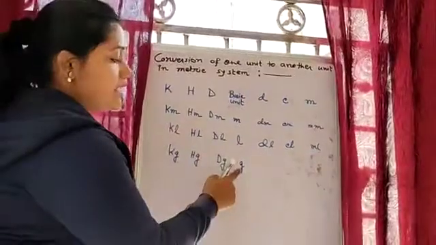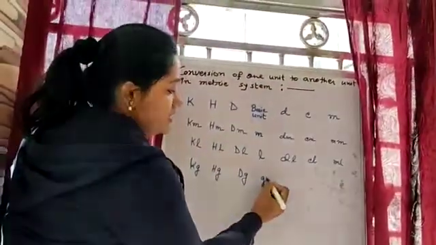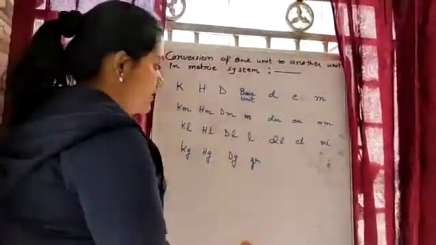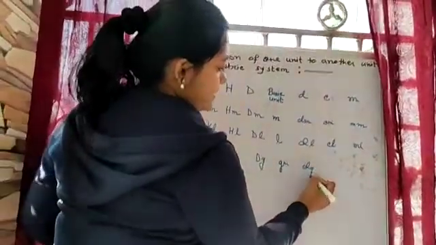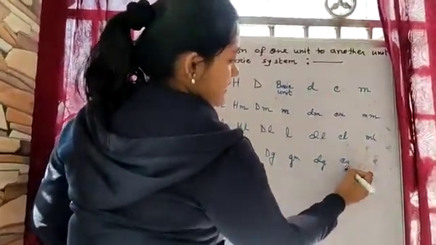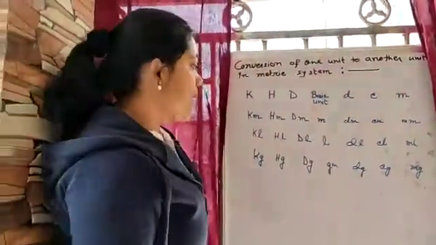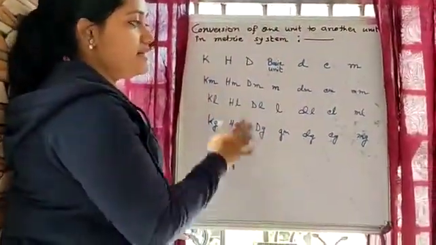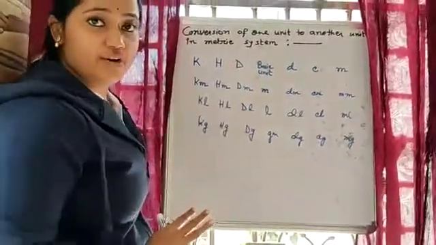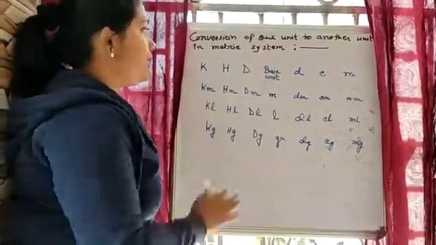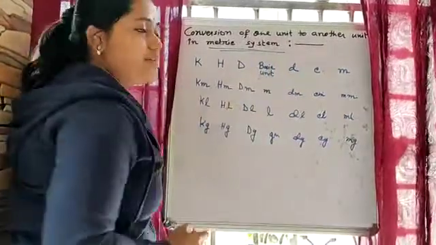Gram may sometimes be written as g or gm. Then decigram, centigram, milligram.